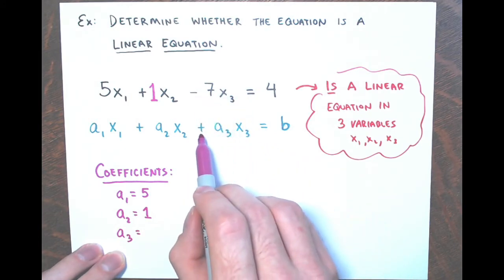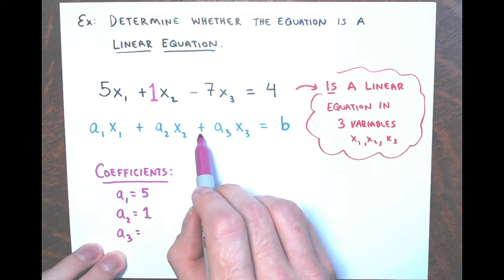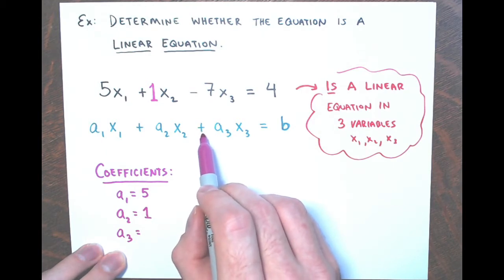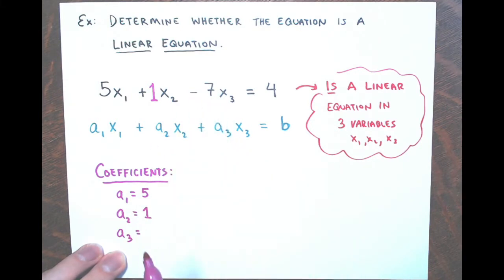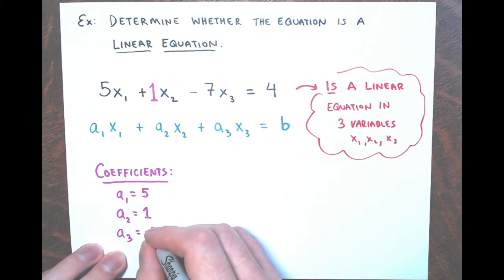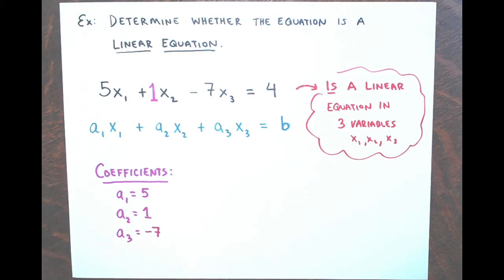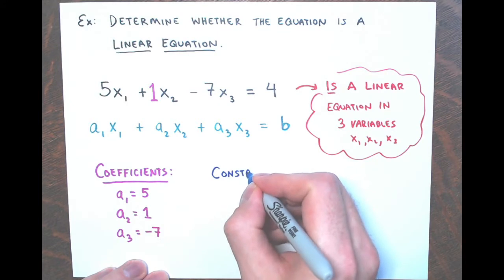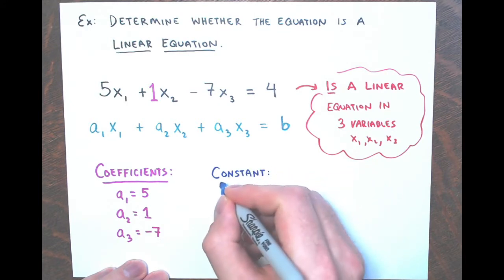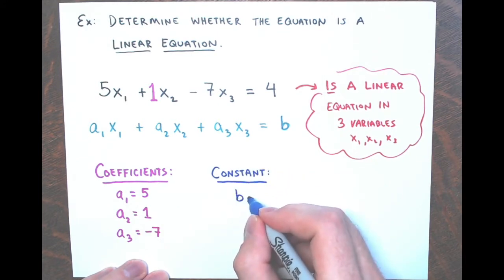Be careful, negatives are part of the terms. Terms are separated by plus signs. So you could technically write this term here as plus negative 7 x3. So negative 7 is the coefficient of the x3 variable. And the constant term is that b that was being talked about.